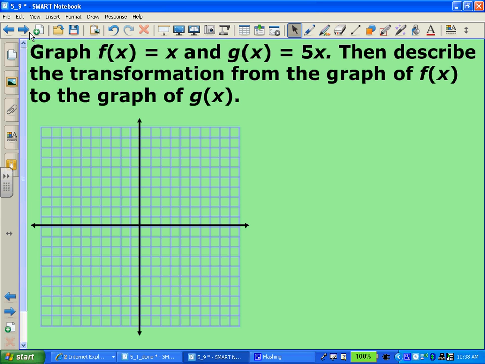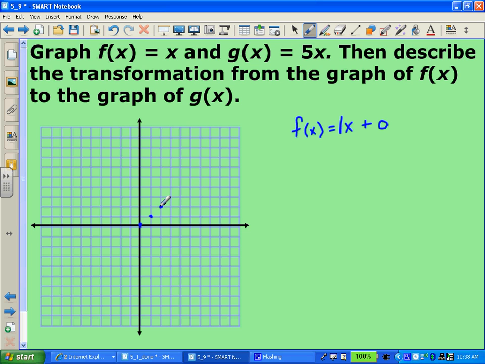So, once again, your problems are going to look pretty similar to what we saw before. Graph f of x equals x and g of x equals 5x. Then describe the transformation. So let's start with f of x. This would just be 1x, and since there's no y-intercept, that means it's 0.